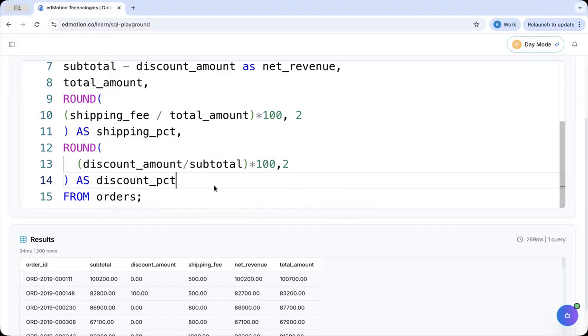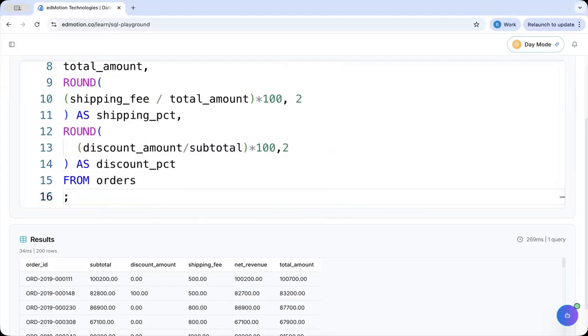I could just continue by sorting this by using the order by statement. Let's say this is going to be order by the discount percentage. All right, so I want to just see the highest discounted products, and that's going to be descending order.